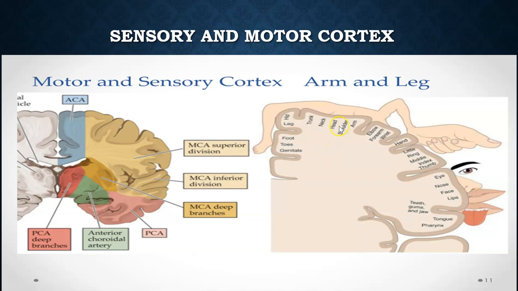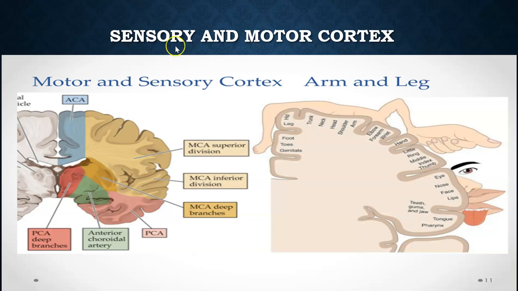Okay, so let's talk about the homunculus. That will present like a face, trunk, arms. And in the previous lecture, the professor did explain what the homunculus is.